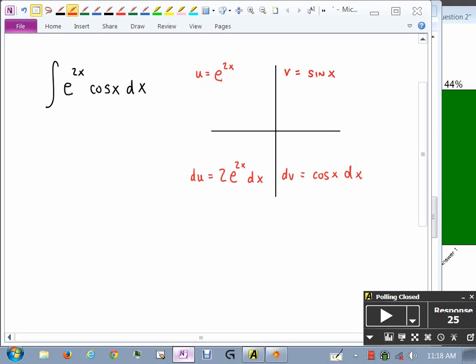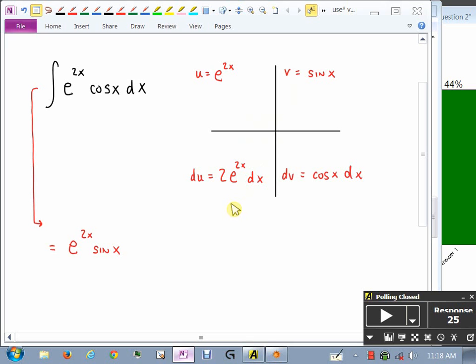And now we just go to the formula. This integral becomes uv. So e to the 2x sine x. That's our uv, minus the integral of v du going across here.